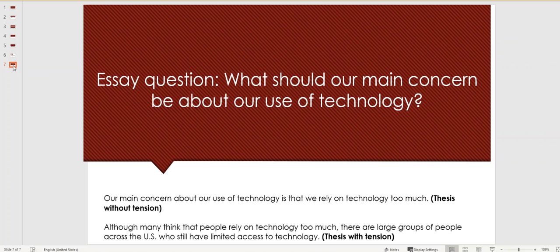And I came up with this thesis because after we've switched to online learning and remote learning, it's become really apparent how there's a digital divide in our country, that so many people think that everybody has access to internet, right? That a lot of people have access to fast internet at home, and that's not necessarily the case.